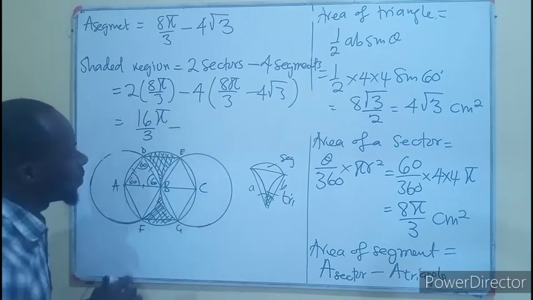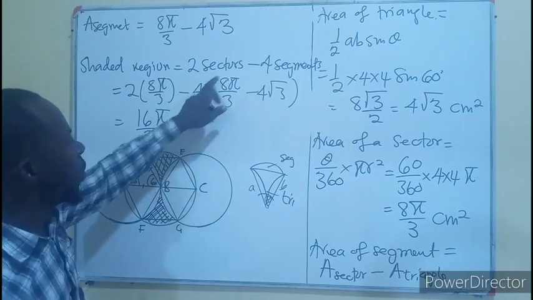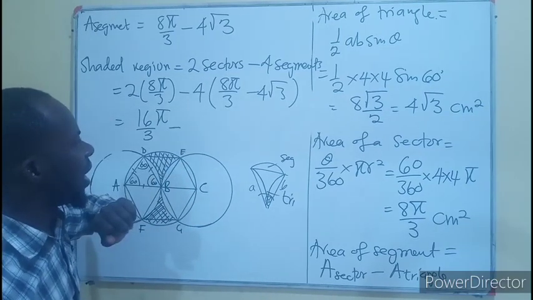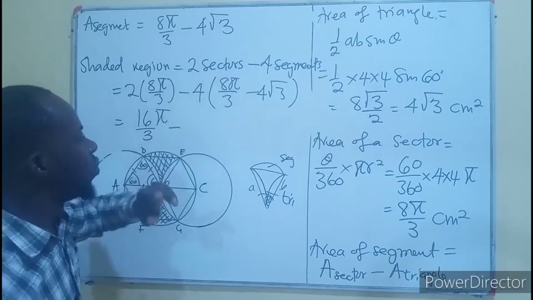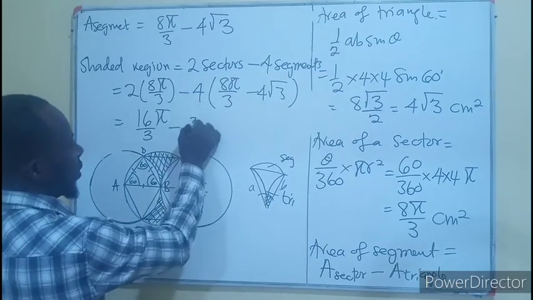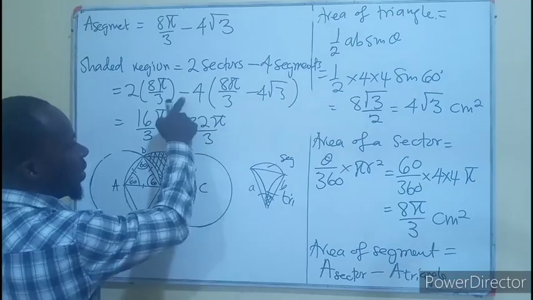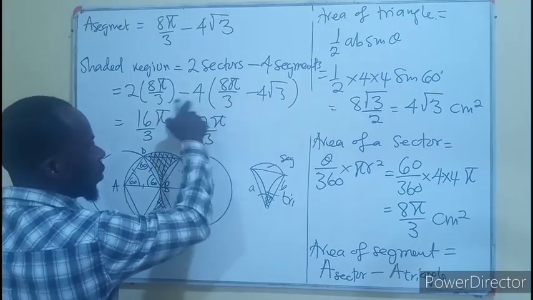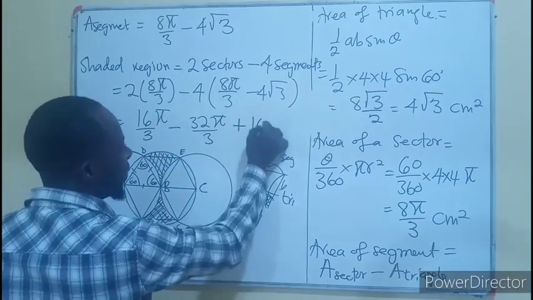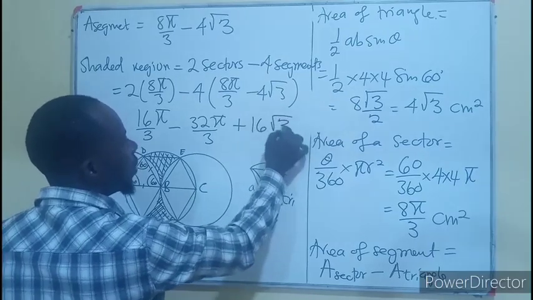Then minus, this will be going here to give us 32, right? So 32 pi on 3. Negative become positive. So that become plus 16 root 3.